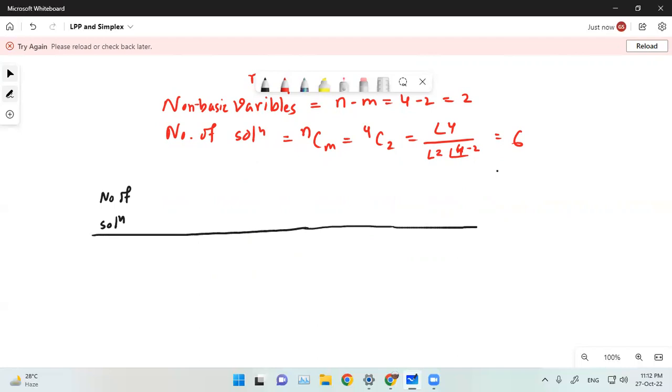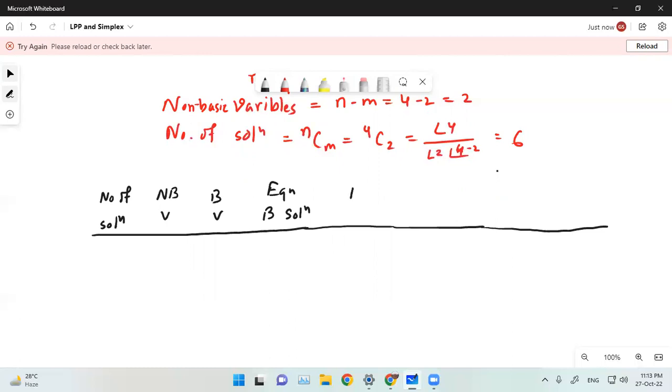I'm trying to write a bit shorter this time because we already explained the thing. So we have non-basic variable, basic variable, and then equations and basic solution. And then we have feasible solution.